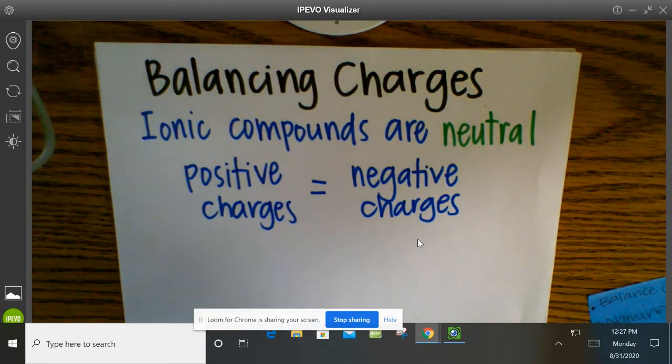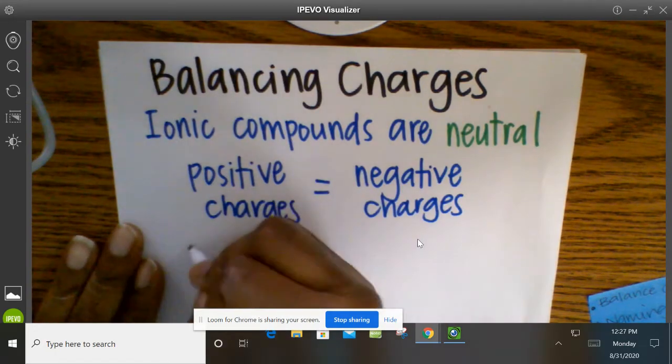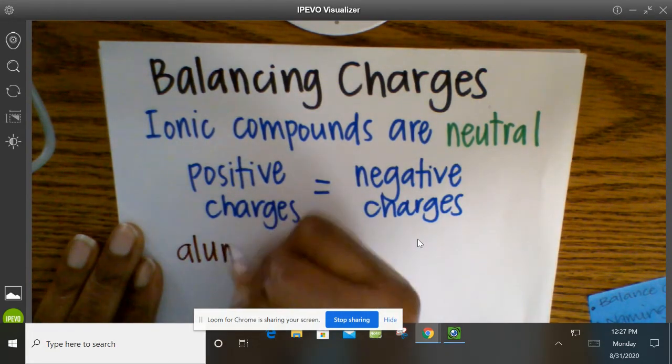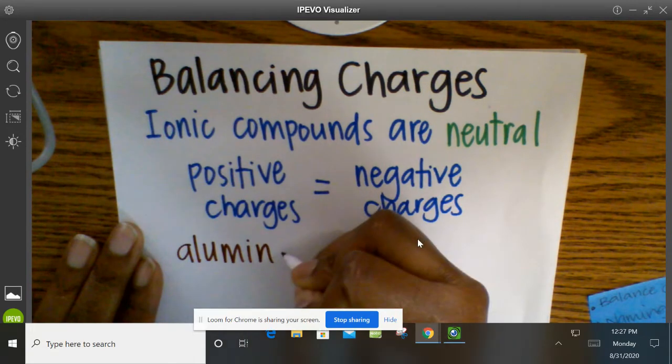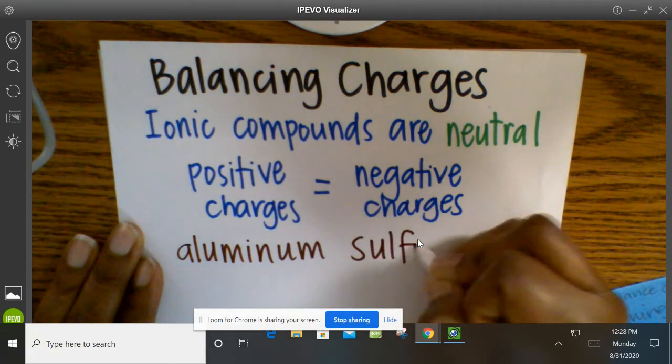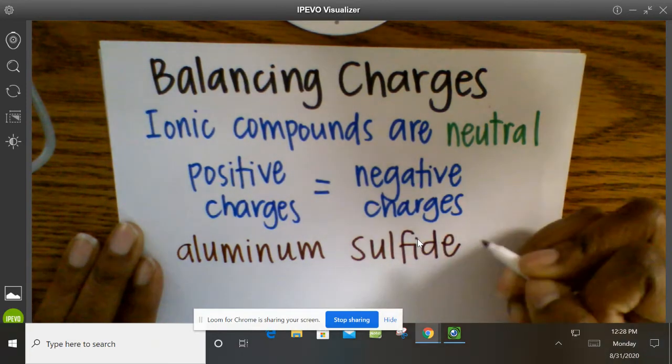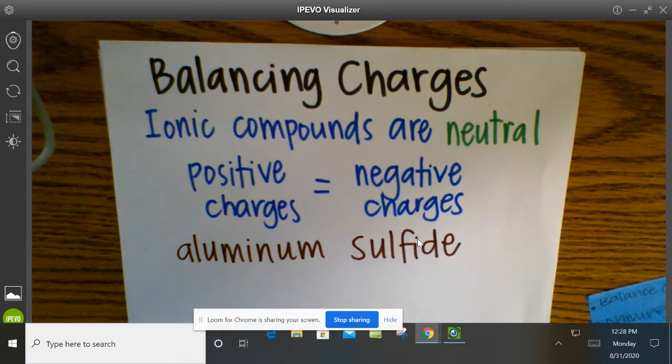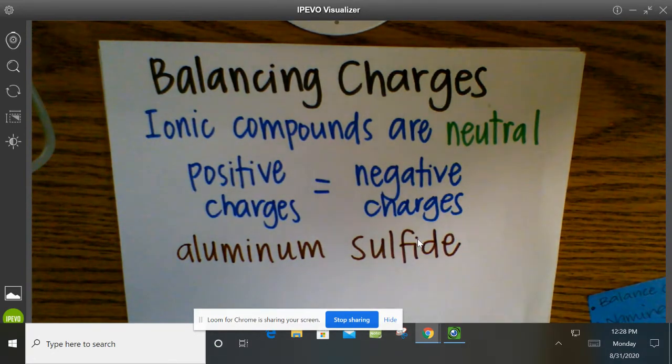So let's say I have aluminum sulfide. All right. And what I'm going to do is I'm going to just look on my pink ionic charges chart that you guys have at your desk, or they were at your desk when you came in.